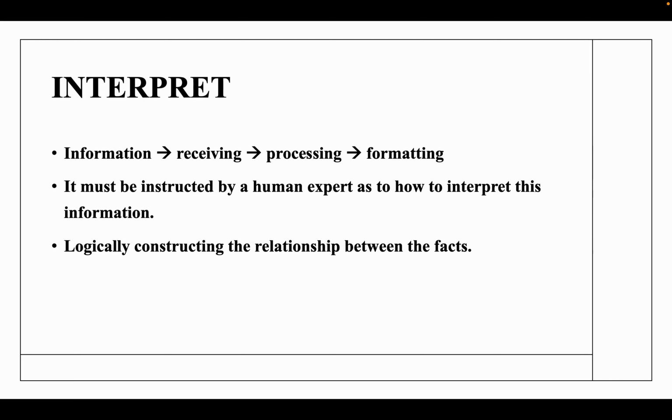Basically it gets huge amounts of data, so it compresses it into a small amount of data that a person needs. It is a rather unique form of learning. In this step, it must be instructed by a human expert as to how to interpret this information. This is done by taking various questions and answers from basic facts of the theme of information and logically constructing the relationship between the facts.